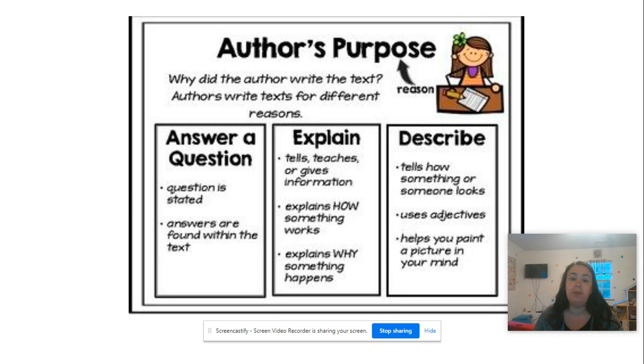To explain, the author is going to teach or tell us information to explain how something works or why something happens. And last, to describe, it's going to tell us how something or someone looks. It uses adjectives like strong or large, small, things that describe. And then they're going to help us paint a picture in our mind of what we are reading about.